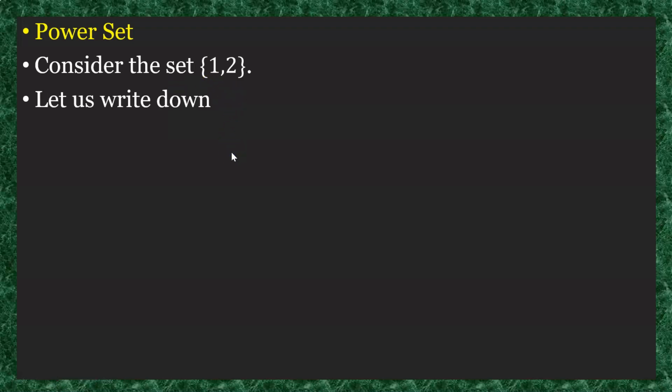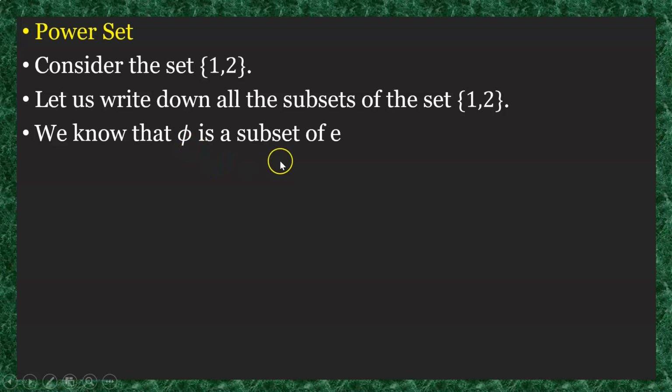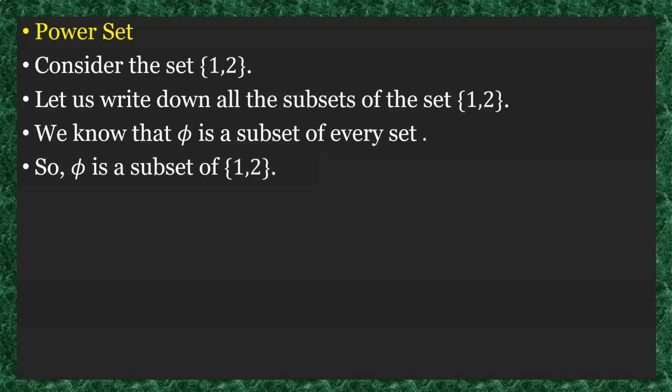Power set. Now we learn the next concept. Consider the set with the two elements 1 and 2. Let us write down all the subsets of the set {1, 2}. We know that phi is a subset of every set, so phi is a subset of {1, 2} also.